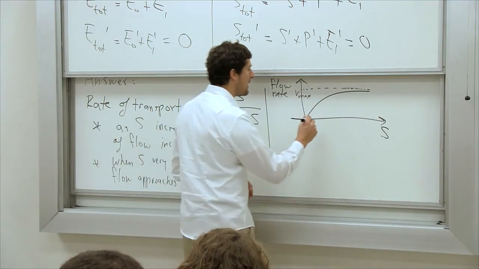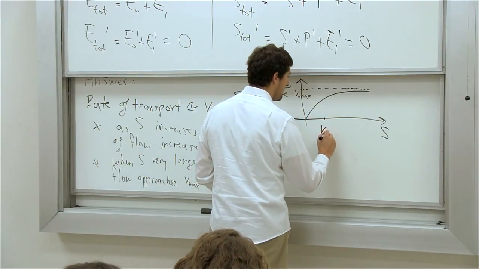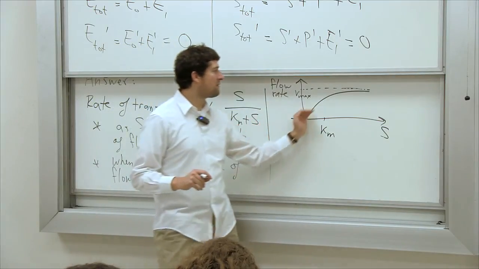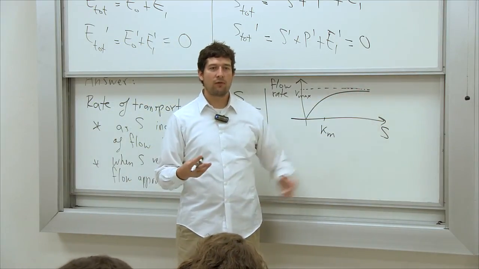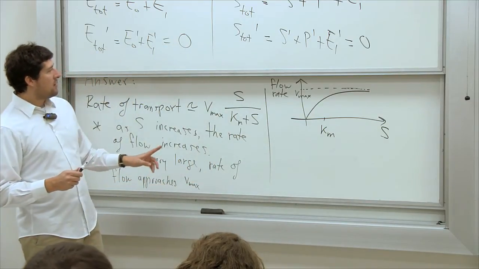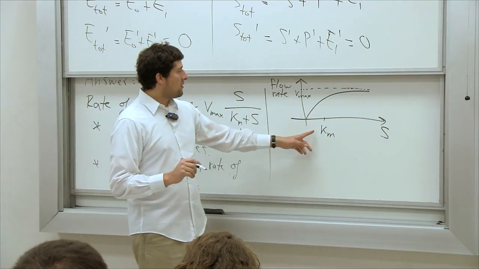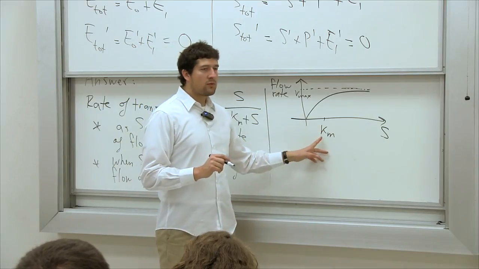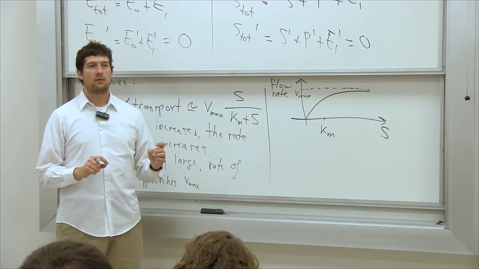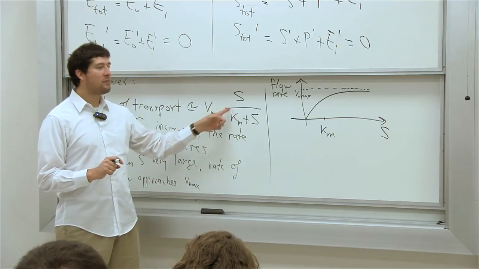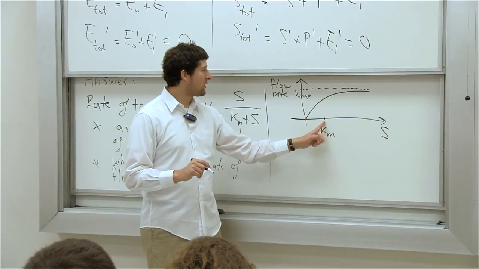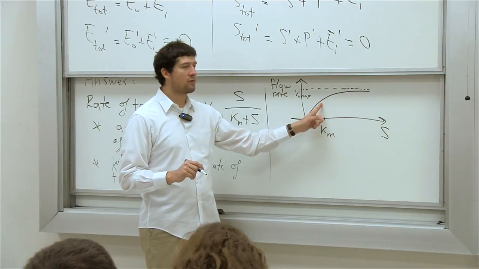All right, now Km is a parameter that tells you essentially how fast it goes up. I don't know if we talked about this the last time, but what is the rate of flow when S is equal to Km, according to this formula? 1/2 Vmax, right? So when S is equal to Km, the rate is roughly Vmax over 2.